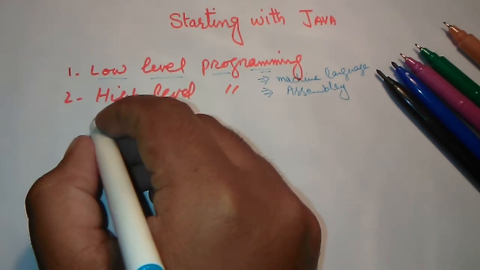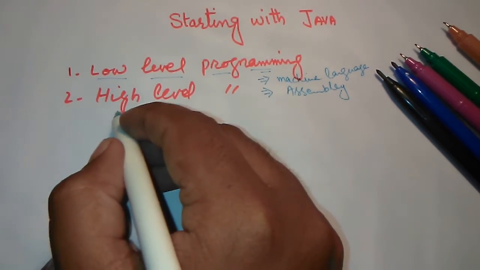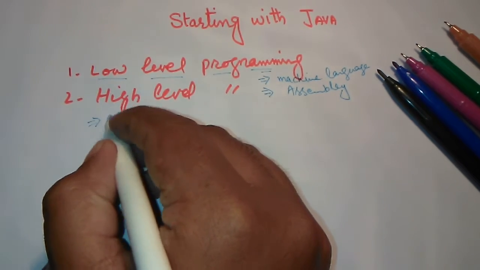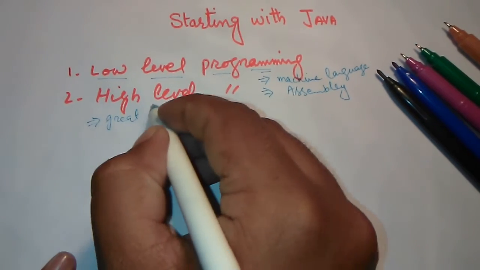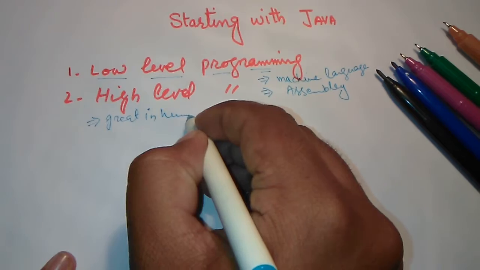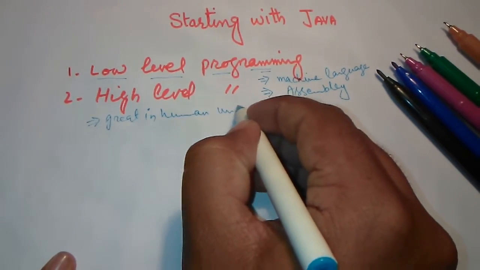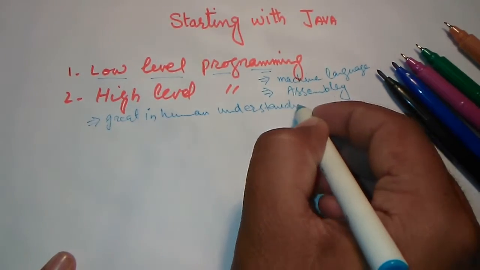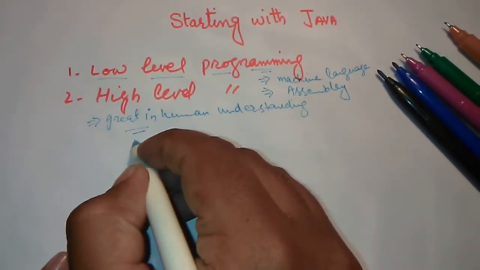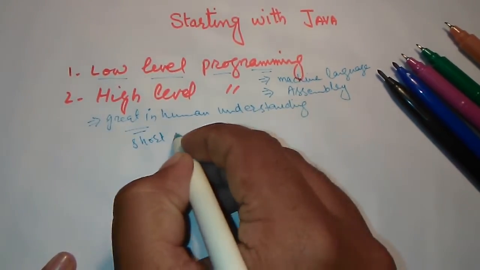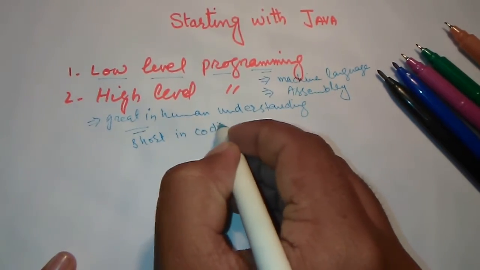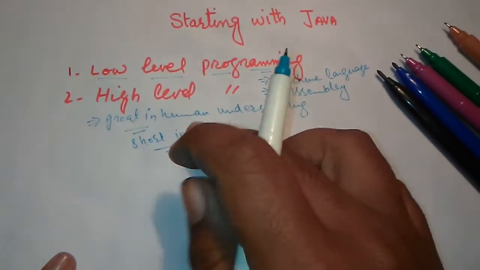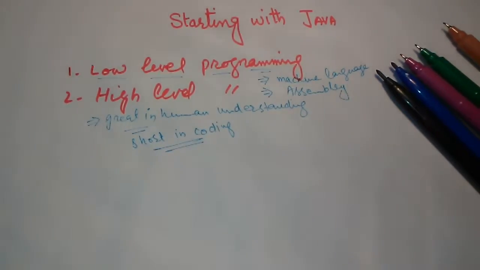High level languages are those which are great for human understanding, meaning these languages are short in coding and near to human language, compared to machine languages.